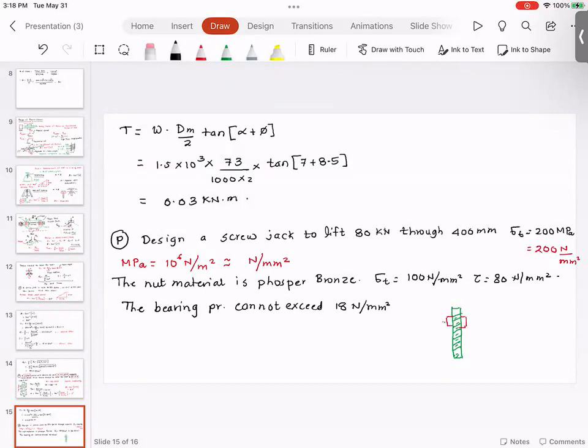This nut will be fitted in a housing. And then there will be a platform.